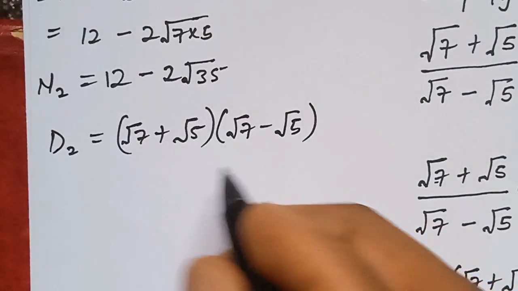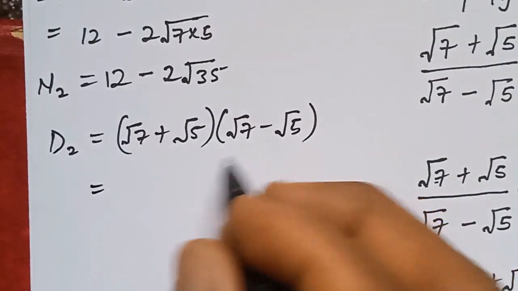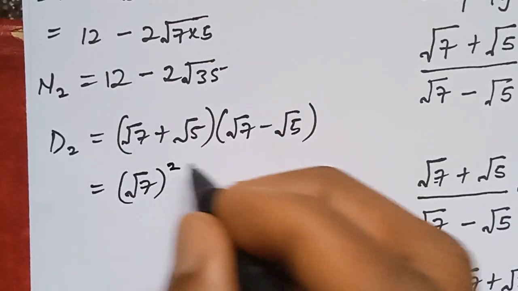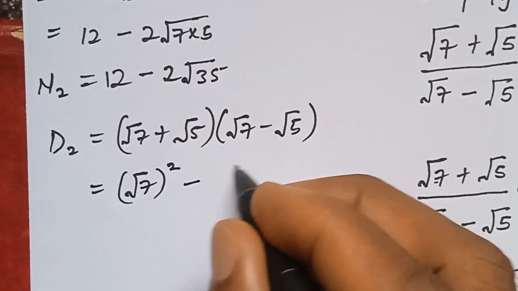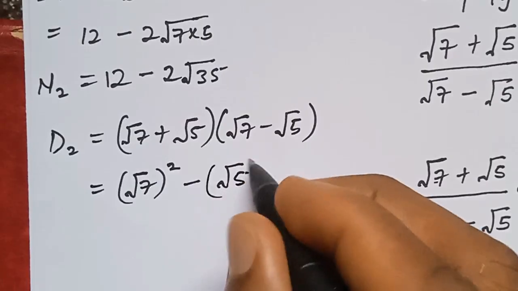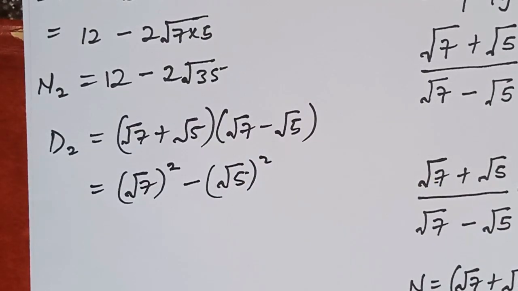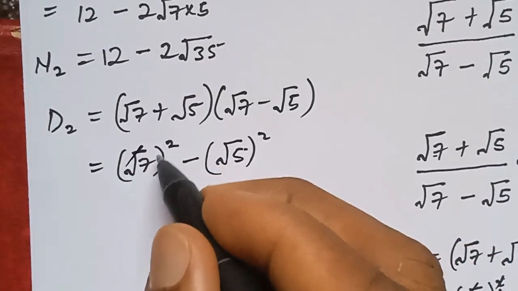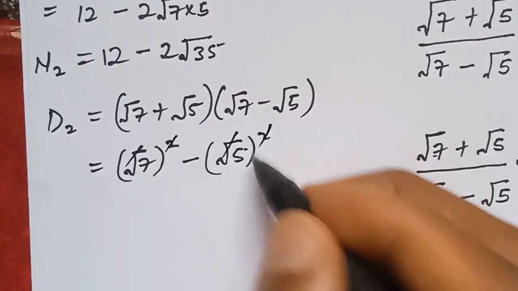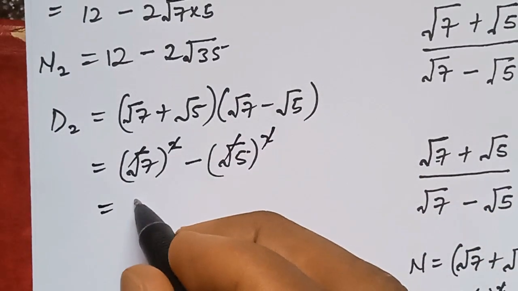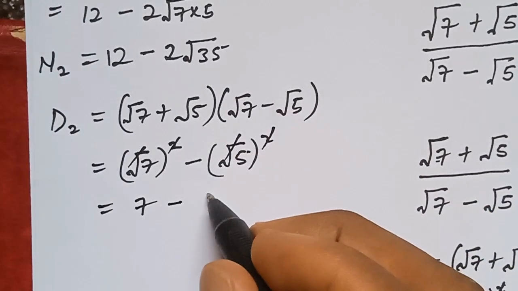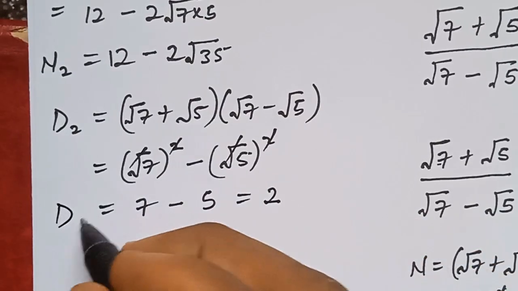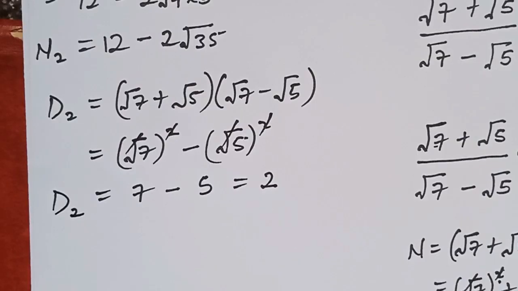Okay, we multiply this, as I told you earlier, so square root of 7 into bracket raised to power 2 minus square root of 5 into bracket raised to power 2. Okay, this then gives us, cancel, cancel. So we also have 7 minus 5, which is equals to 2. So denominator 2 is also equals to 2.